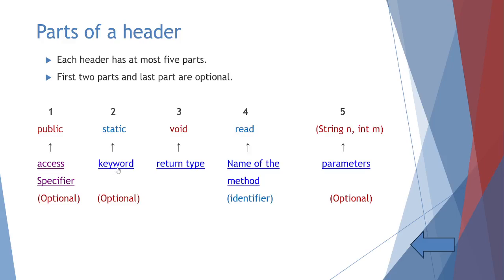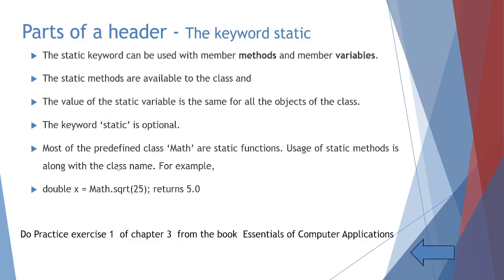Now static, we know already, keyword static. The static keyword can be used with member methods and member variables. Static classes cannot be there. The methods are available to the class only. The value of the static variable is the same for all the objects. And the keyword static is optional.